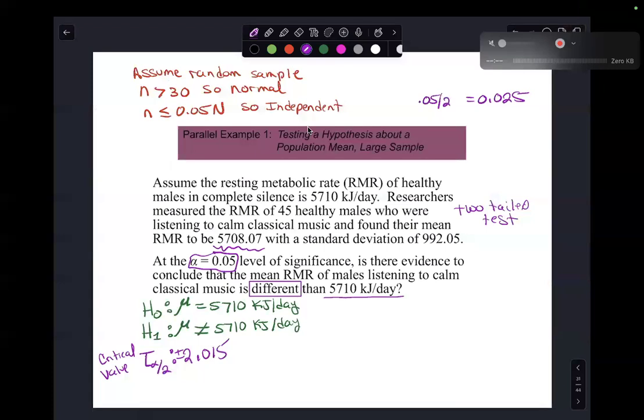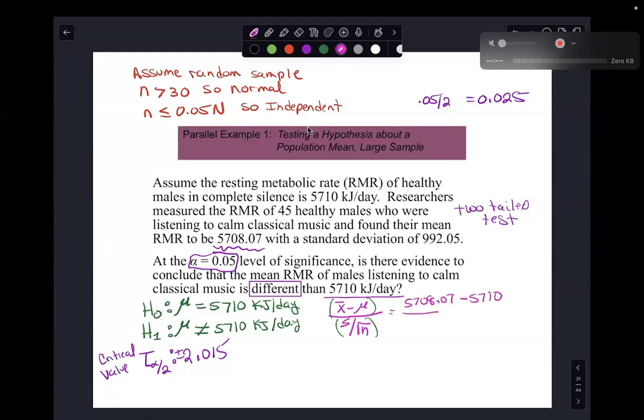Now let's calculate our test statistic. I'm going to write it down again. It's x bar minus mu divided by s divided by the square root of n. Use parentheses if you're going to put the whole thing in your calculator at once. Equals: we have our x bar, 5708.07 minus 5710.